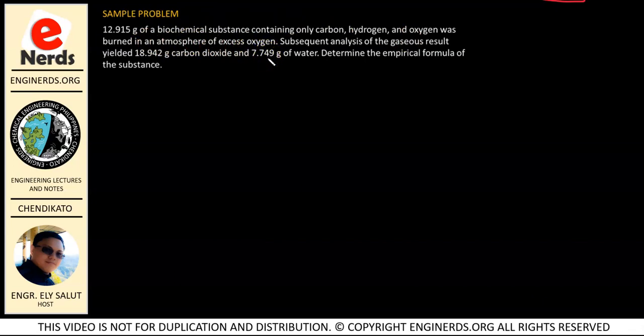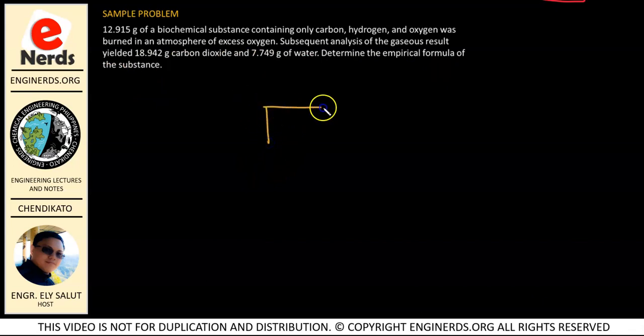So natutunan natin that we are providing excess oxygen in order to ensure that we will have a complete combustion. So subsequent analysis of the gaseous result yielded 18.942 grams of carbon dioxide and 7.749 grams of water. So determine the empirical formula of the substance. So empirical formula pa rin ang pinahanap sa atin.